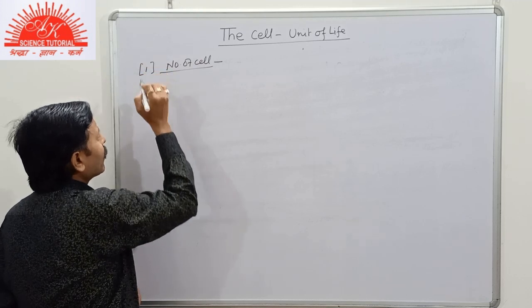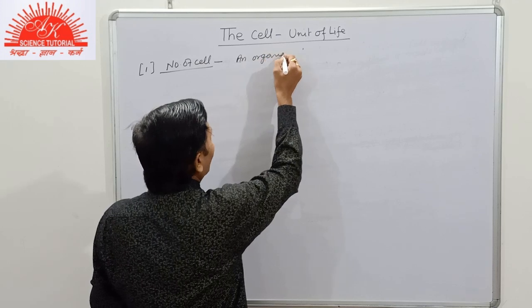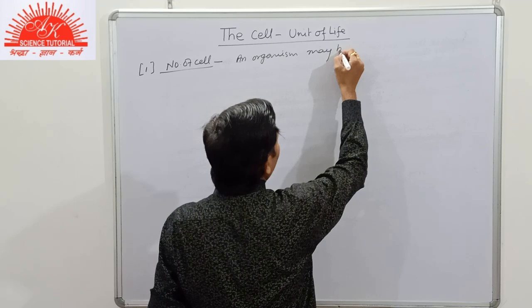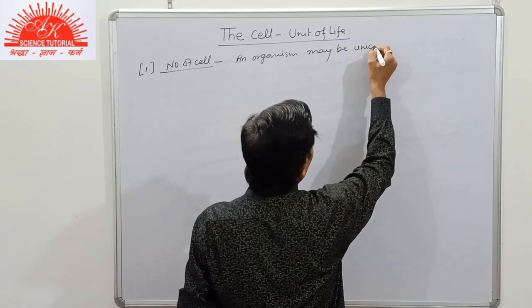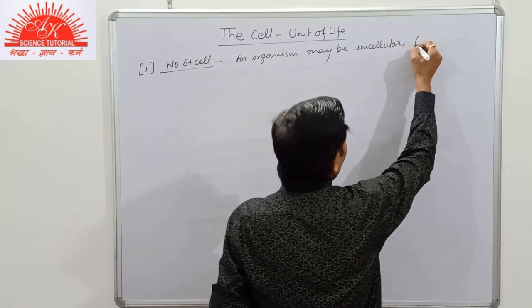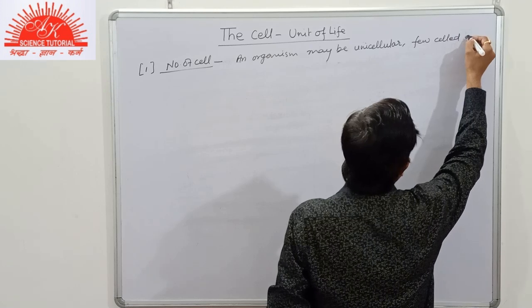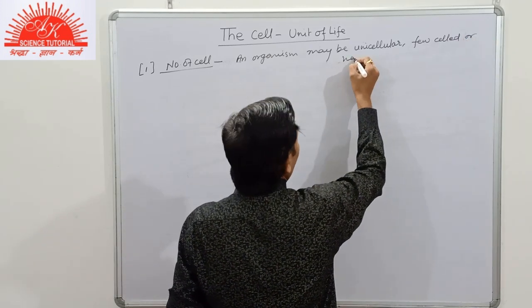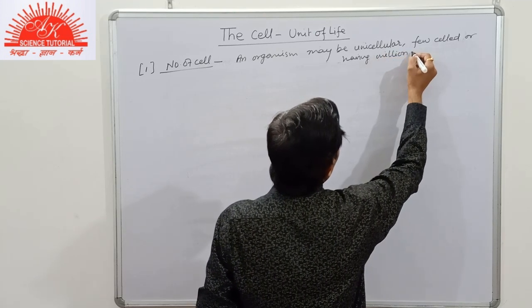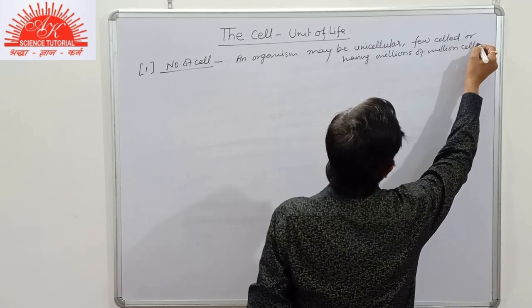Now we see that an organism may be unicellular, few-celled, or having many cells, having millions of cells.